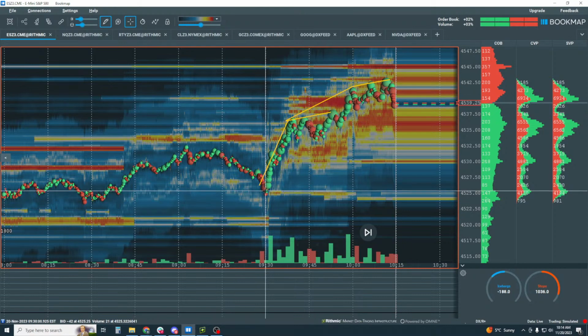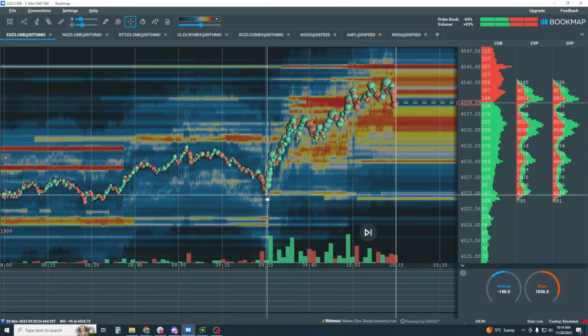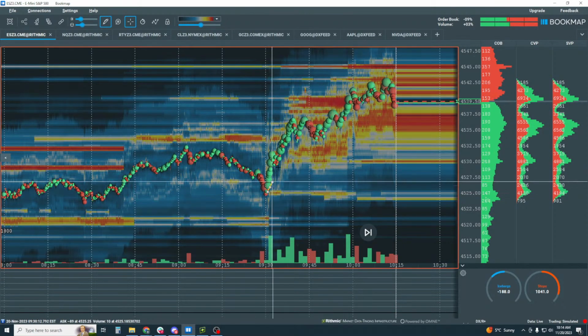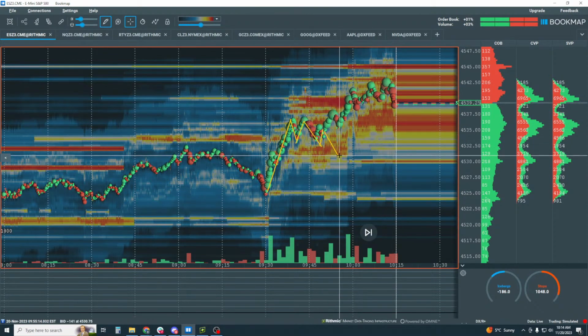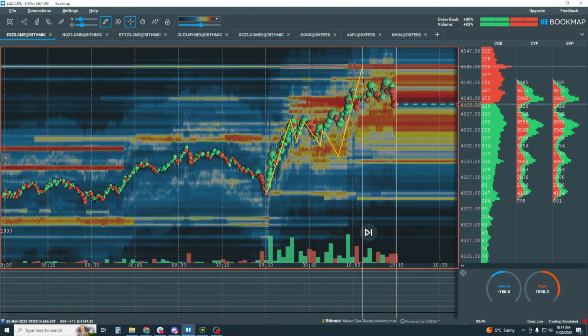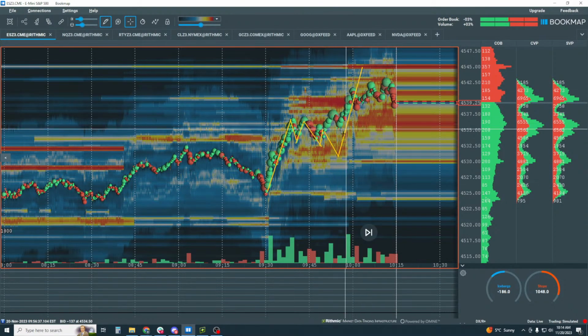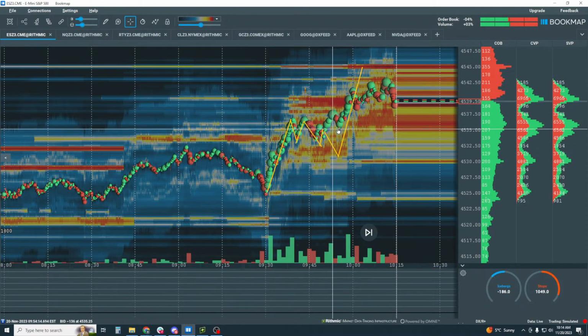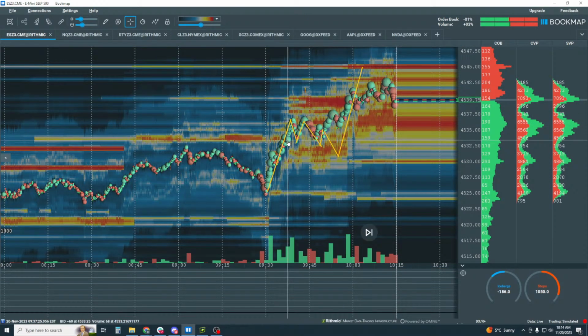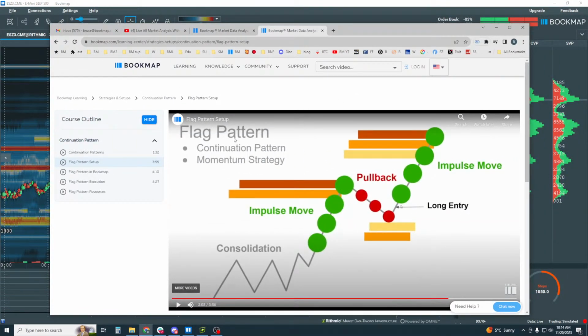In terms of the strong move, we're looking for this, maybe some back and forth, then followed by this. Okay, and this should be rather equal to this one over here. First impulse move equal to the second impulse move. Right. Anyway, it does not matter here. You're not looking for a perfect flag pattern.